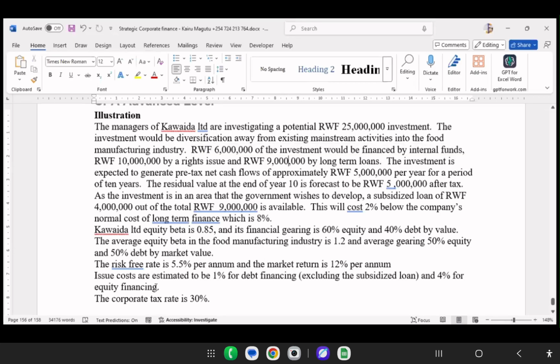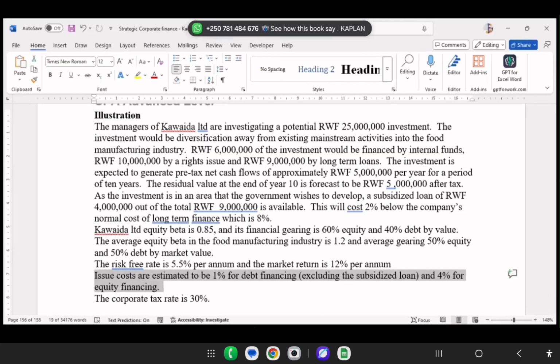Then at the very bottom here, we are told that the issue costs are estimated to be 1% for debt finance, excluding the subsidized loan, and 4% for the equity finance. Can you give me the total financing costs?